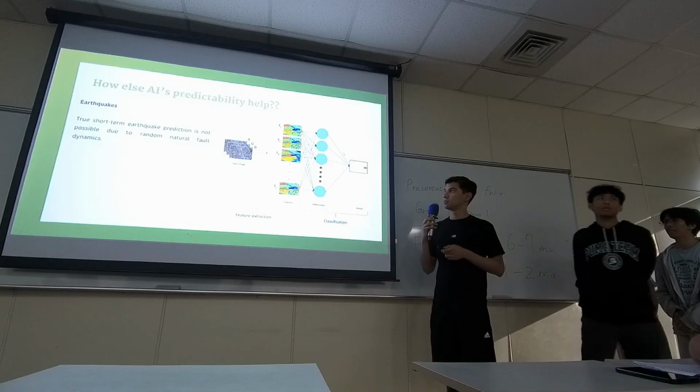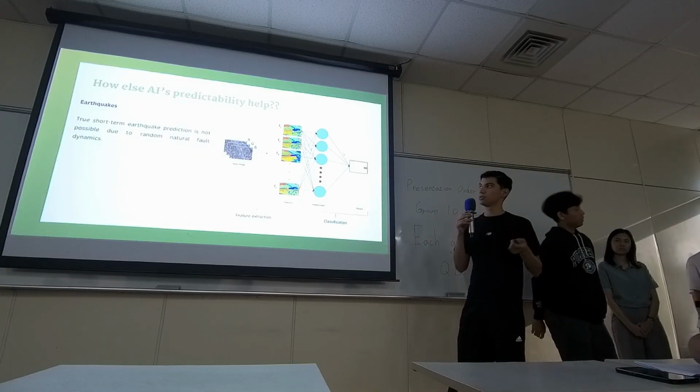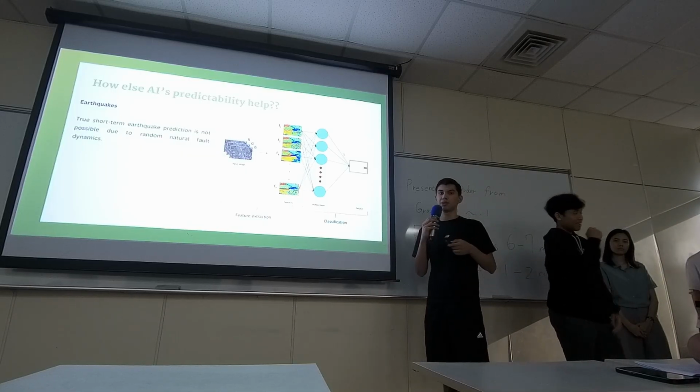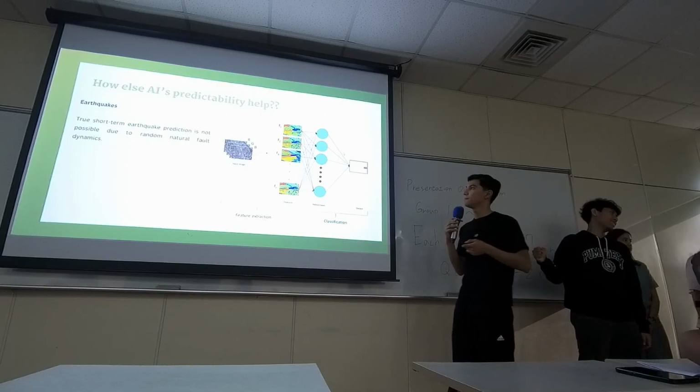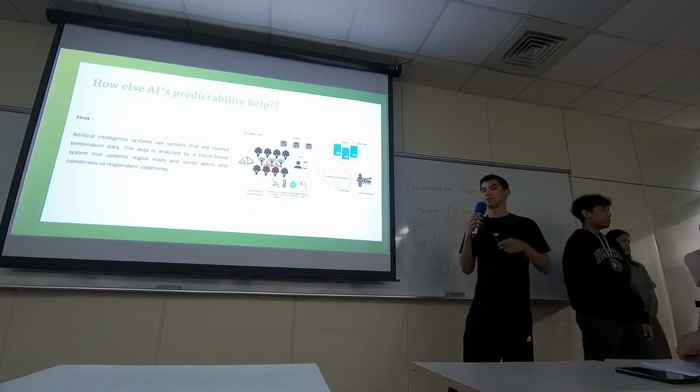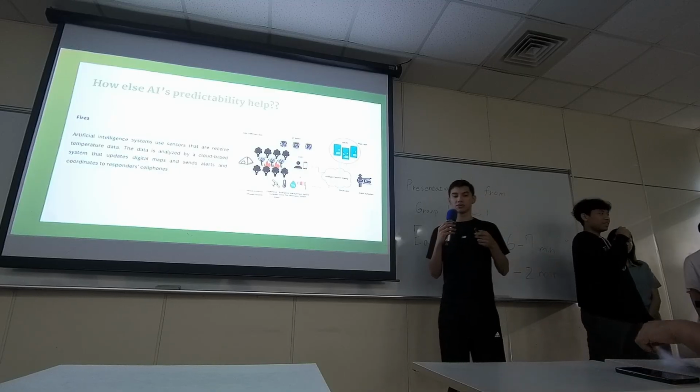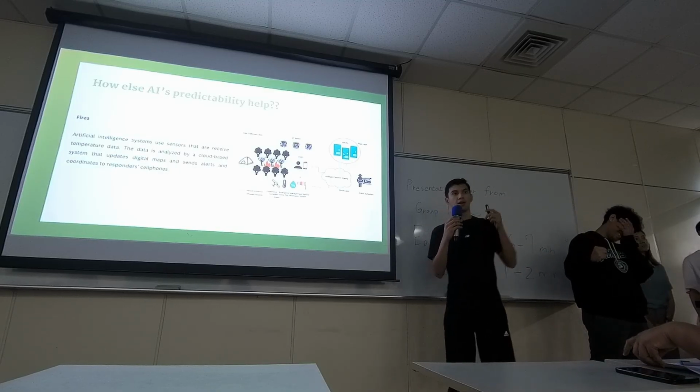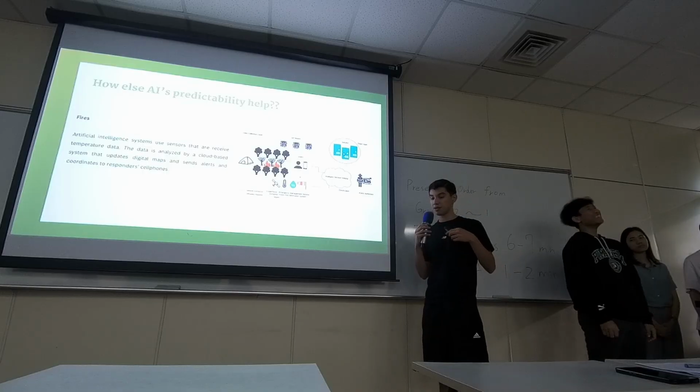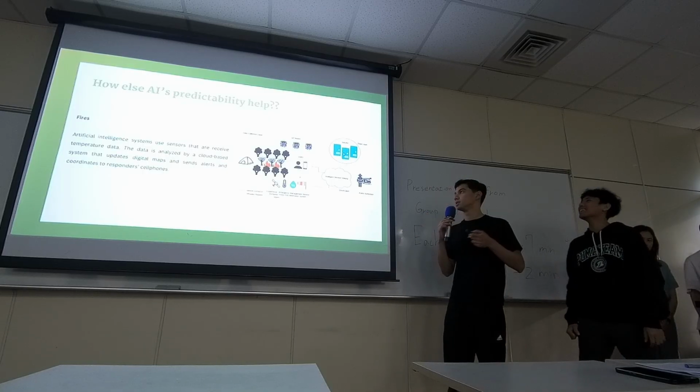Also earthquakes: predicting earthquake creation precisely is not possible, because the random natural fault dynamics is something that could happen anytime. Fires also are not that accurate, but thanks to AI we can be more aware of them, and it can help the professionals in this area.